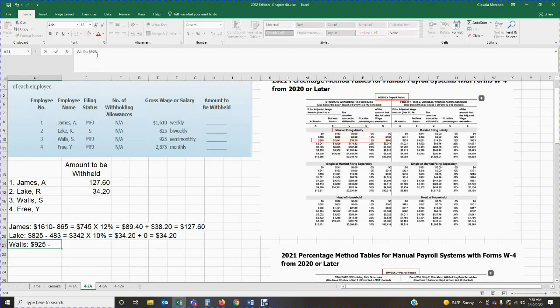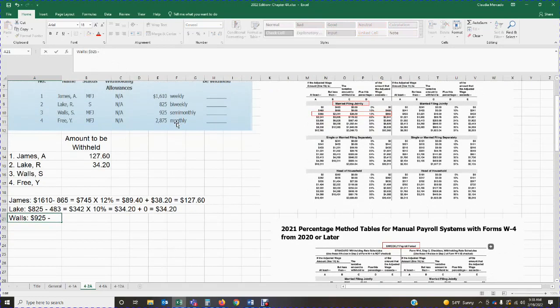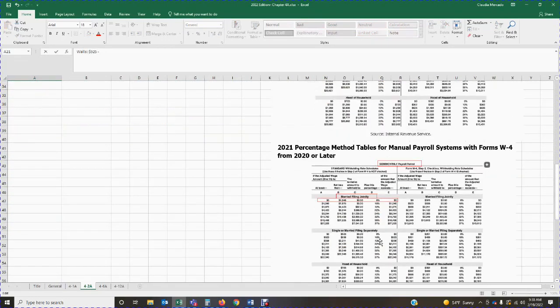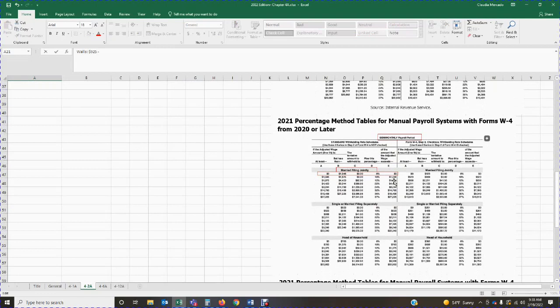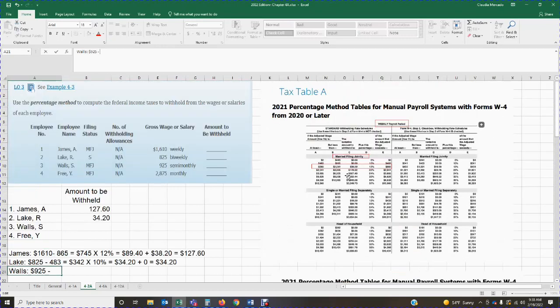I'm going to subtract that first line item. In this particular case, the percentage of the amount that exceeded the wage exceeds 0. Let me see, how much did they make?